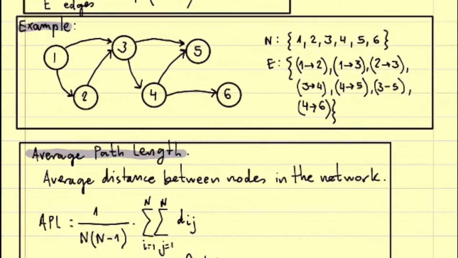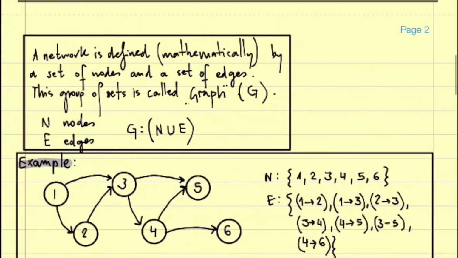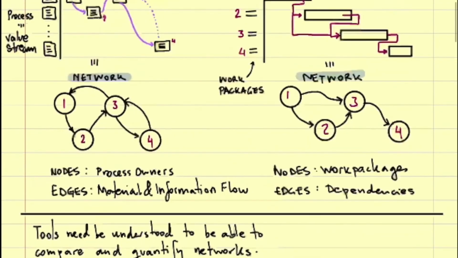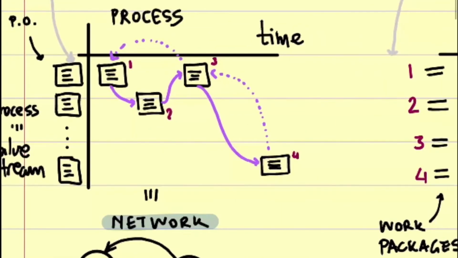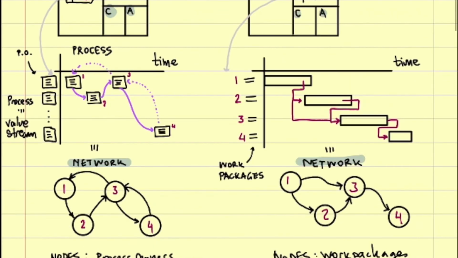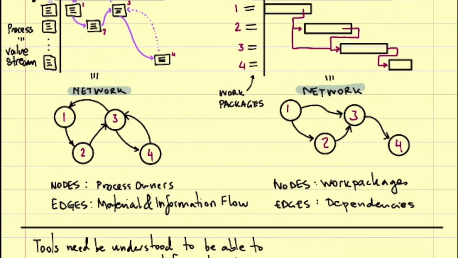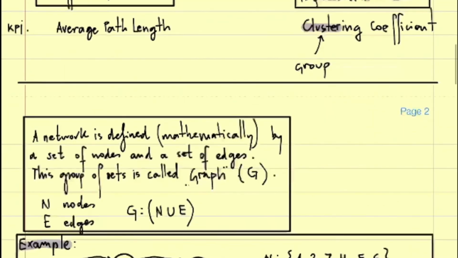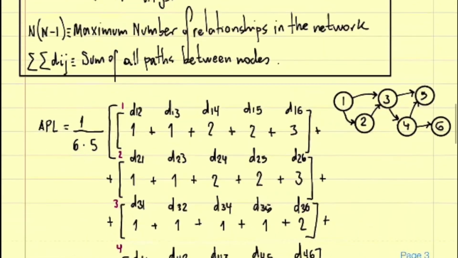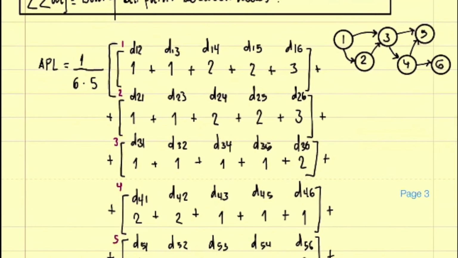So given a process, given a drawing, like a picture like this, you can compare two processes that are given to you with the average path length. Okay? And this is a very powerful tool. So were you able to follow? Any questions?